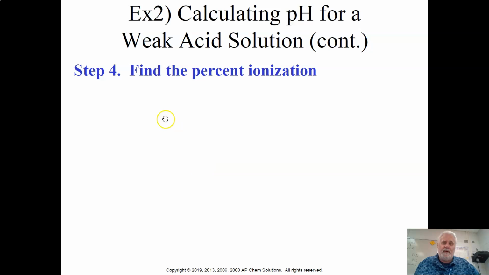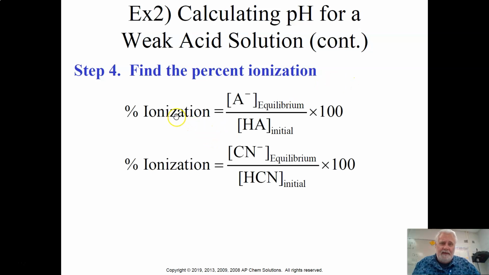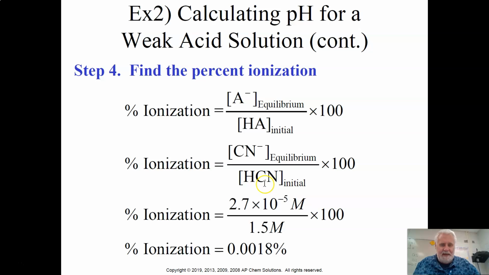And now for finding the percent ionization. Okay, how do we do percent ionization? Well, let's start off by defining what this means. Remember how we talked about the HA, your initial, over the ion that is formed from the acid. So in this particular example, you got lots of HCN, and then a few of the CNs break off a little bit, and then we can talk about the percent of ionization.